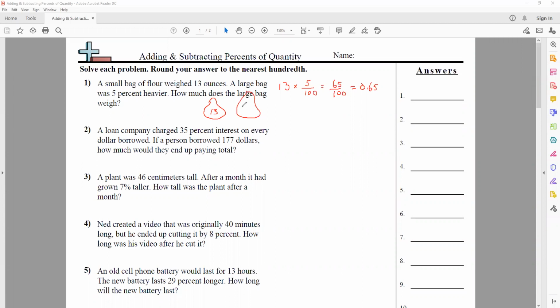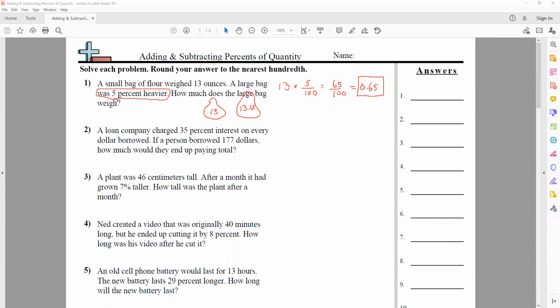You know it's bigger than 13, but how much larger? Right, 0.65 larger. So wouldn't that be 13.65? You just add 0.65 on top of 13. If someone's heavier than you, don't you just add how much heavier they are?